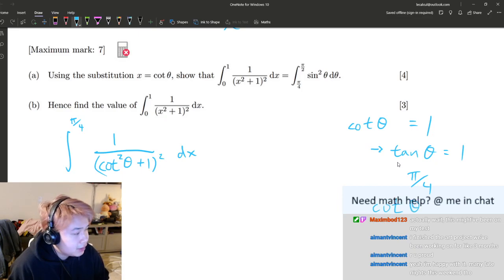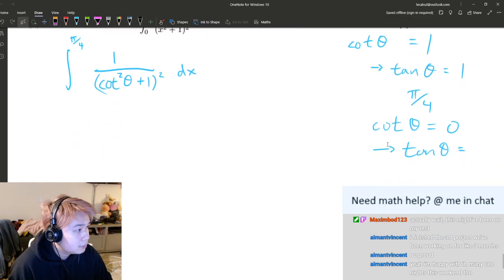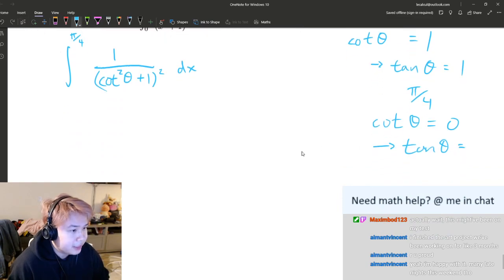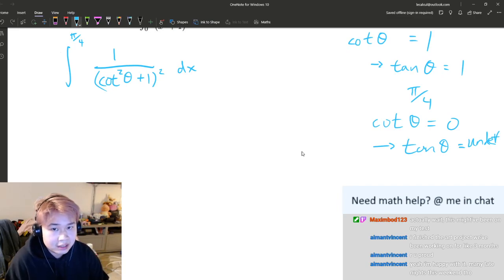Whereas if cotangent is equal to 0, this is where tangent is undefined, right? In other words, that's at pi over 2.